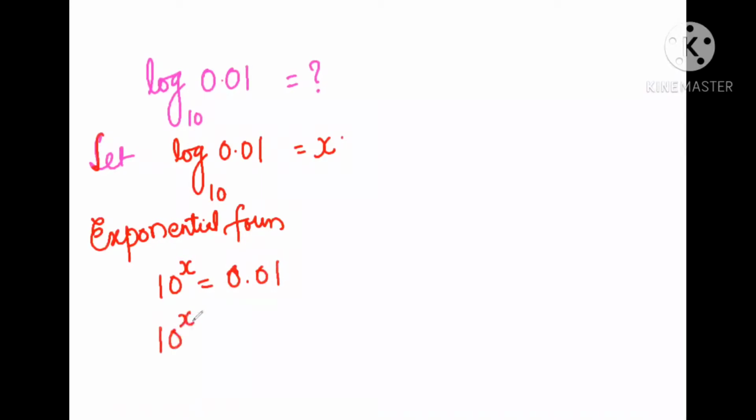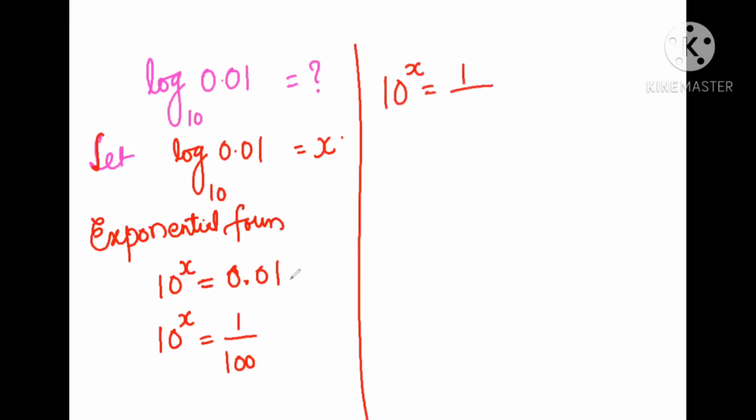10 to the power of x is equal to, we have to convert this into p by q form. 1 by 1, after decimal there are 2 digits here, so keep 2 zeros. Now 10 to the power of x is equal to 1 by 100, which can be written as 10 square. Why are we writing 10 square? Because to make the bases equal, 10 square is equal to 100. So 10 to the power of x is equal to 1 by 10 square, which can be written as 10 to the power of minus 2.